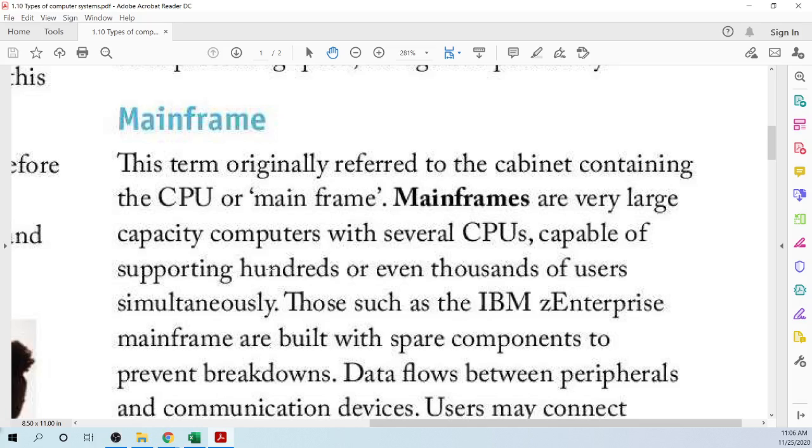We looked at this before in a topic whereby multiple users can connect to one device. I can't remember which topic it was. So this here is the device that those multiple users connect to.